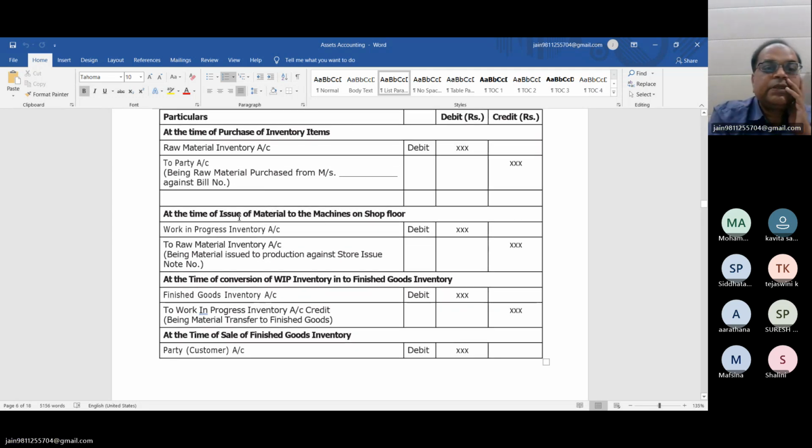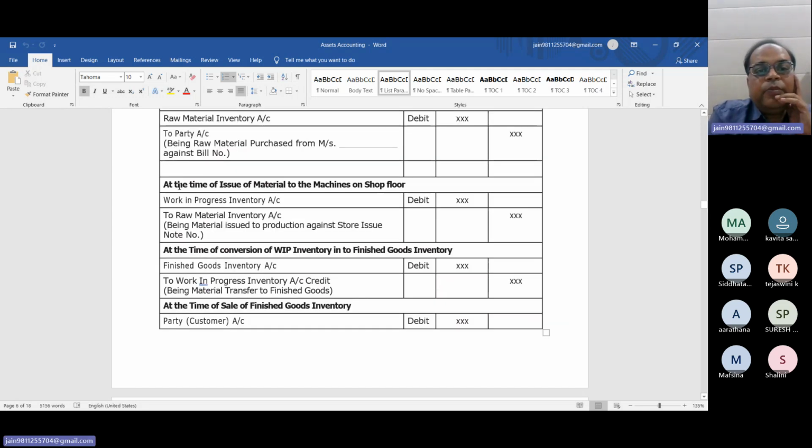Next, now at the time of issue of material to the machine on the shop floor. We have discussed this in the chapter of store accounting. Suppose there is a mess in one of the institutions, one of the colleges, or there is a common store.